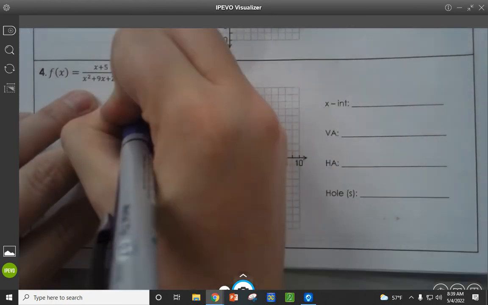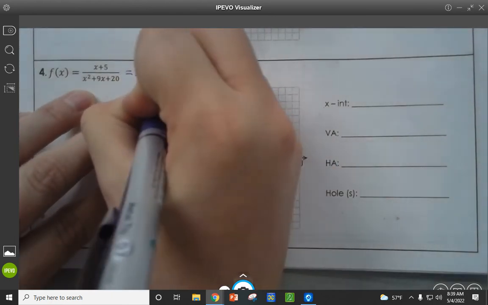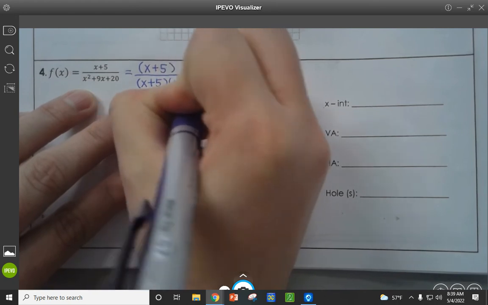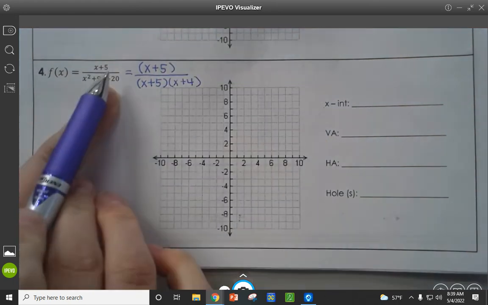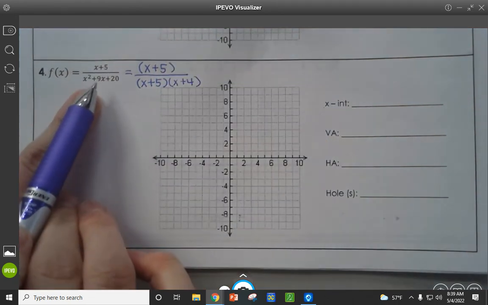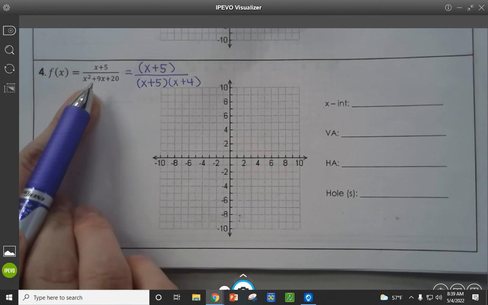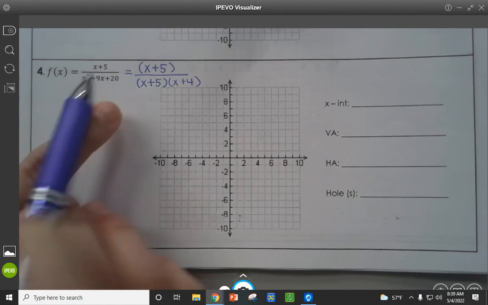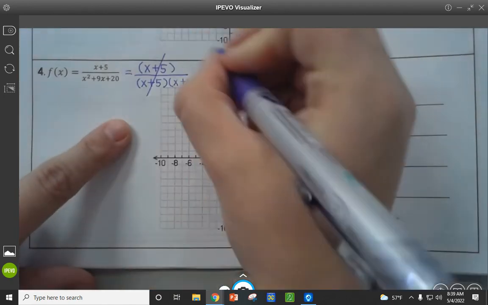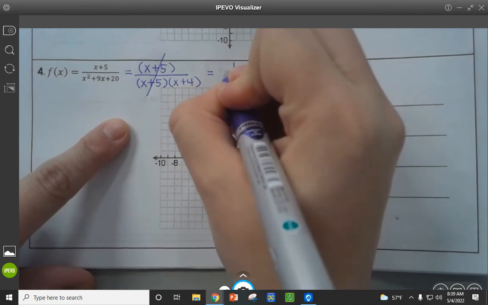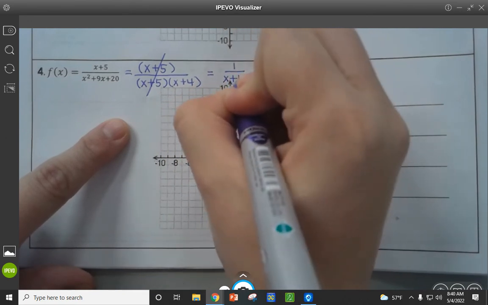X plus 5, x plus 4. Because 5 and 4 multiply to be 20 and add to be 9. And so these cancel, leaving 1 over x plus 4.